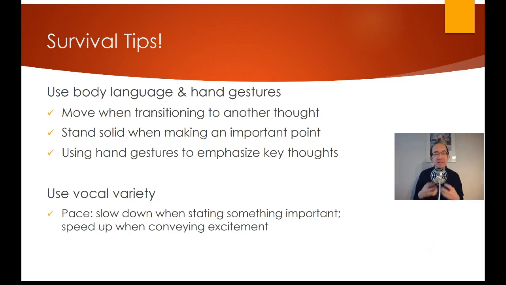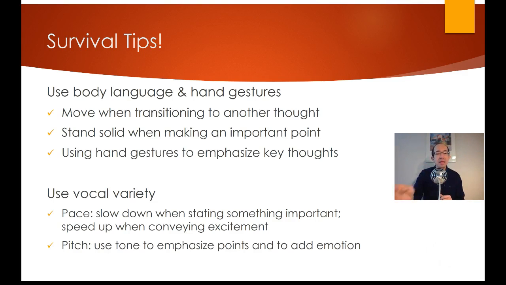That's going to, once again, convey the excitement that you have to the audience. And finally, on this slide, think about using pitch. Now, once again, if you are talking about something very important, then think about using a stronger, more solid pitch. And then once again, something exciting, speed it up a little bit more to once again get the audience excited as well.